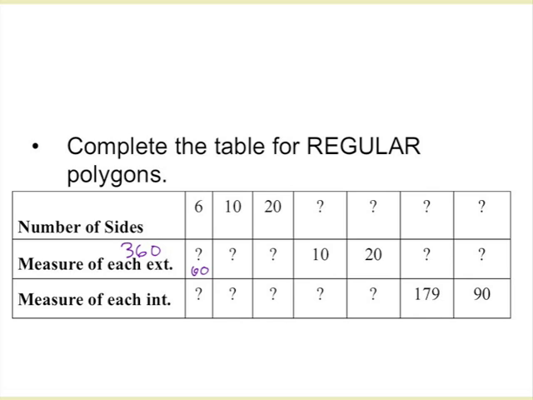So for the exterior, we're going to take the total 360 and divide it up by how many we have, and that'll tell us how many each of them will be. Our interior rule is n minus 2 times 180. So for this one, I would do 4 times 180 gives me my total inside.